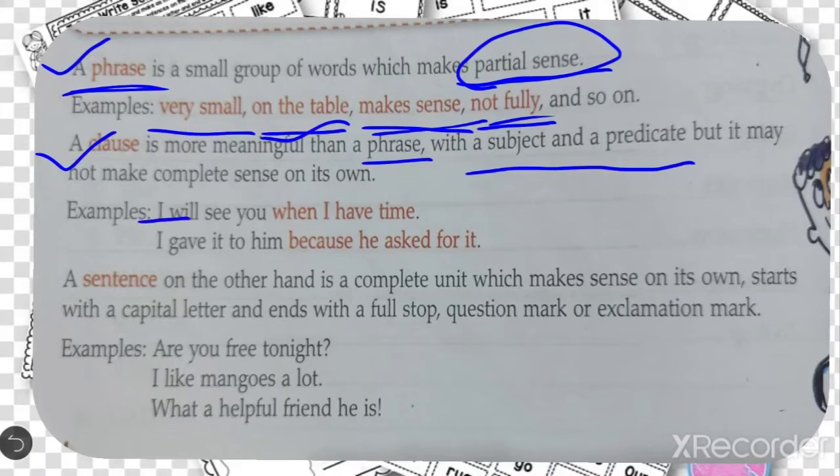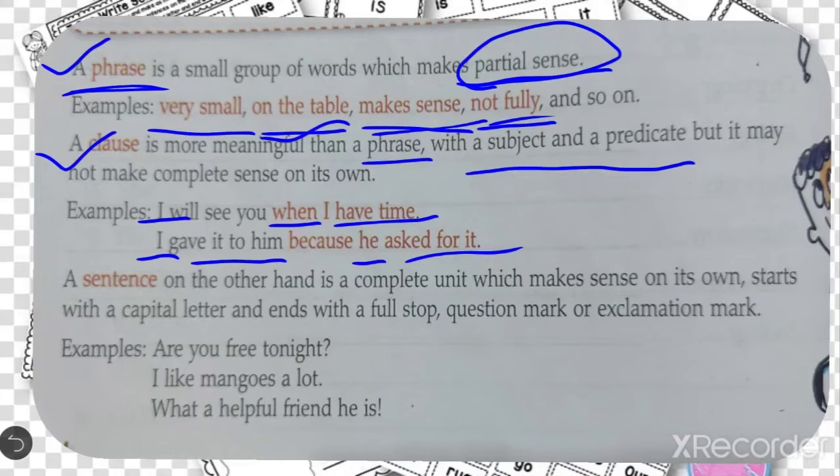I is the subject, will see you is the predicate. It is joined with when. Again, I is the subject, have time is the predicate. I is the subject, gave it to him is the predicate. He is the subject, asked for it is the predicate.